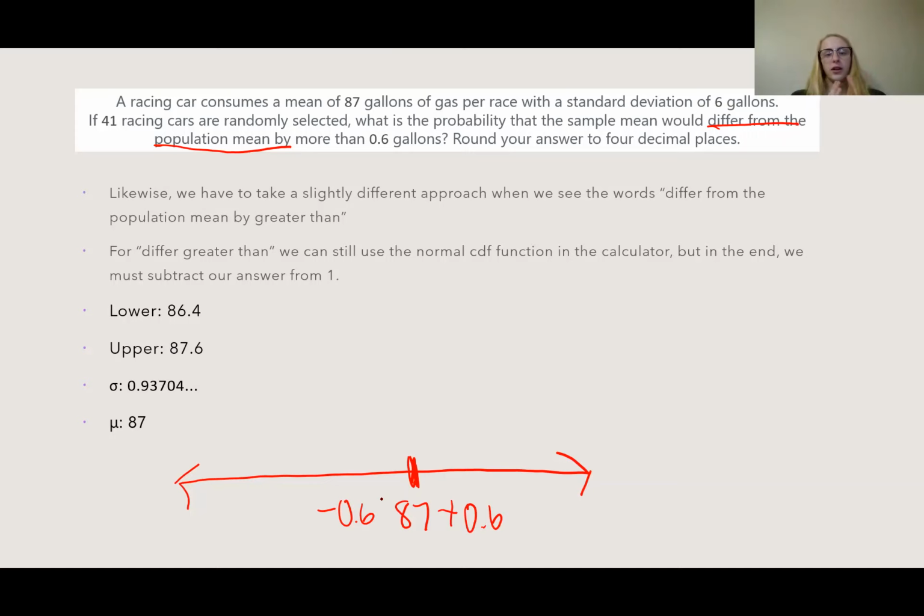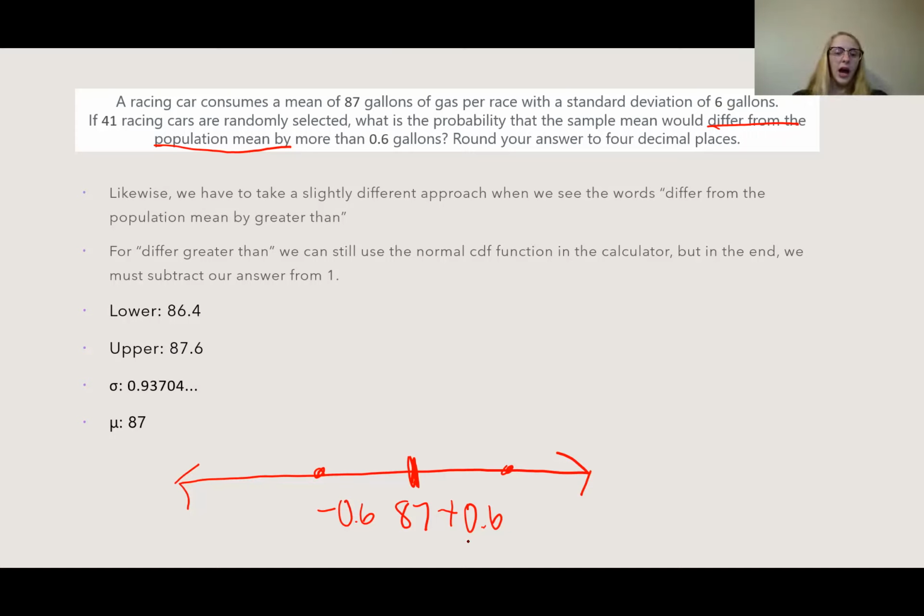I like to think of these problems with "differ" as having a range. Your numbers are going to have to fall between 2 points on the number line, like here and here. Whereas with just greater than or less than, where you have negative infinity or positive infinity, you're not really having numbers fall within a range. They can fall in this whole slew of negatives or positive numbers. So with differ, you're going to have 2 points.